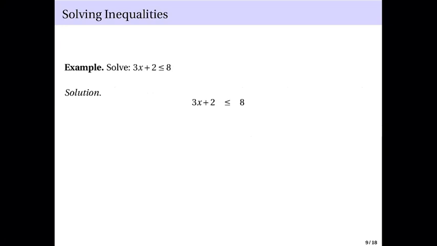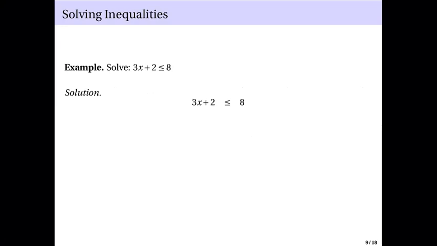So our first example here is that we want to solve the inequality 3x plus 2 less than or equal to 8. In solving inequalities, we'll use all the properties that were introduced earlier. So we start with 3x plus 2 less than or equal to 8.